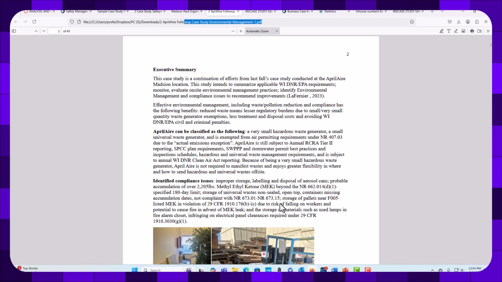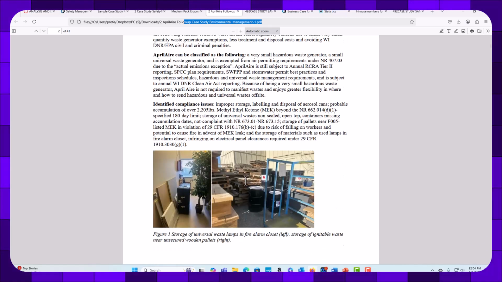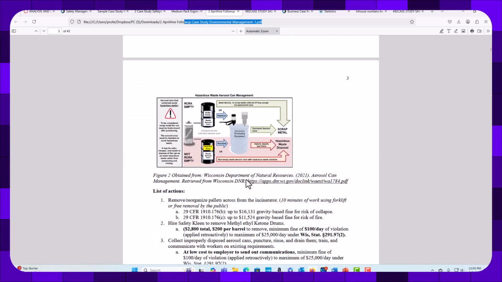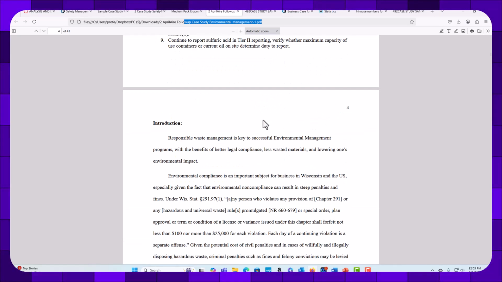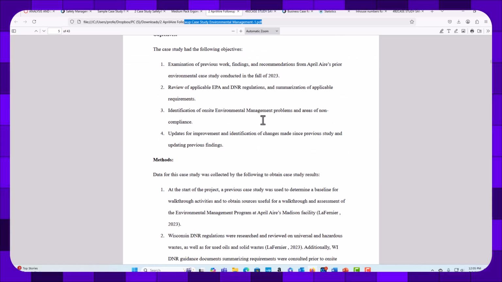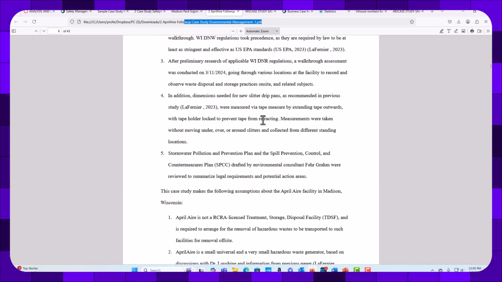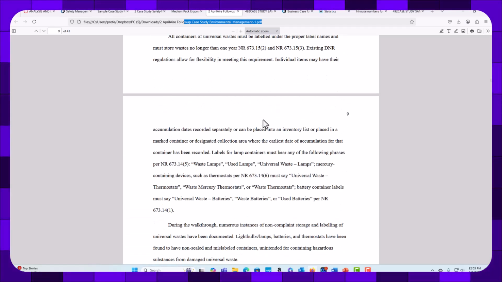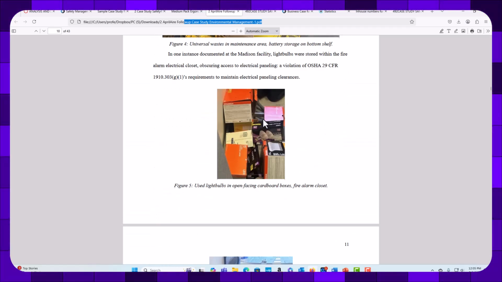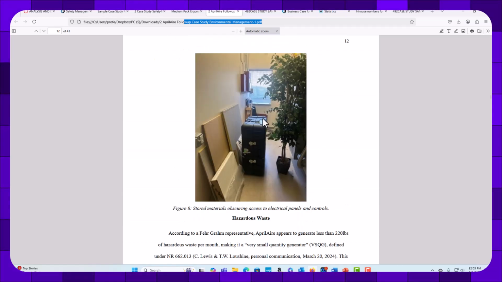Cameron came in and took a bunch of things I had done and put together a report that he essentially became the company's environmental management system because he did such a great job. He did a lot of research here to determine what is their status and what they should do about it. And so this is now a guiding document for what they're doing. And he did a fantastic job.